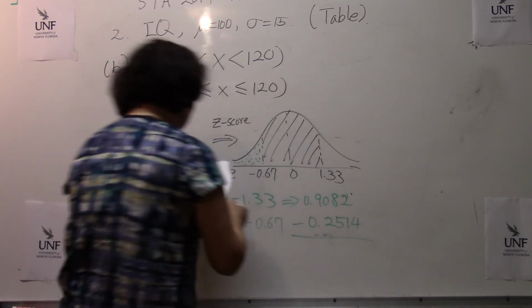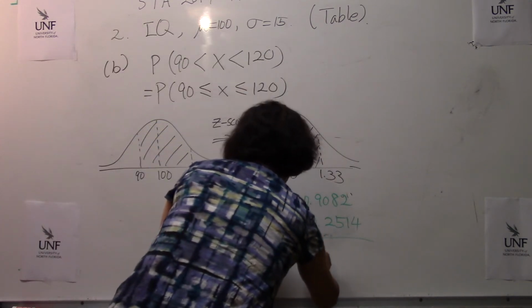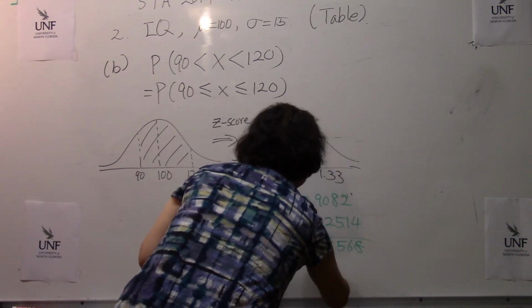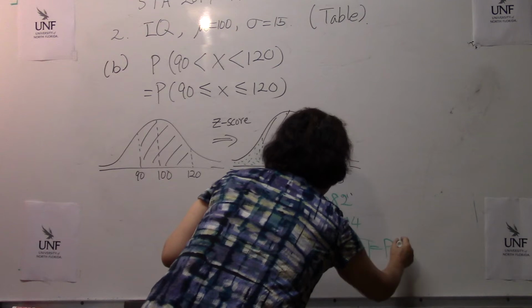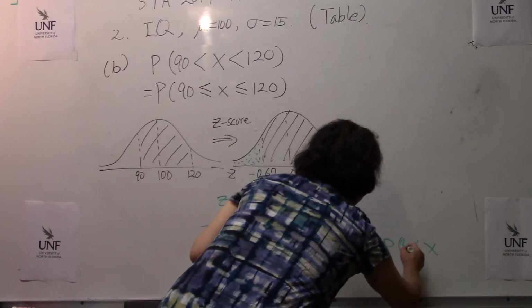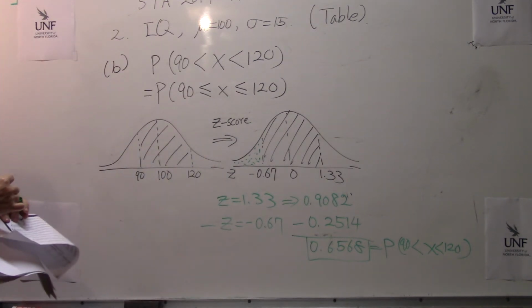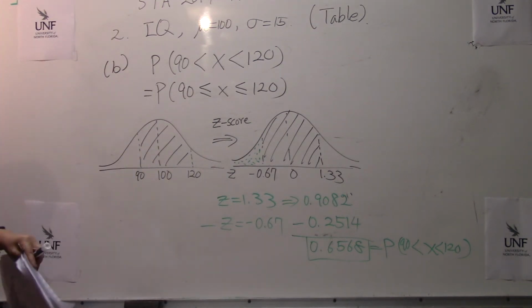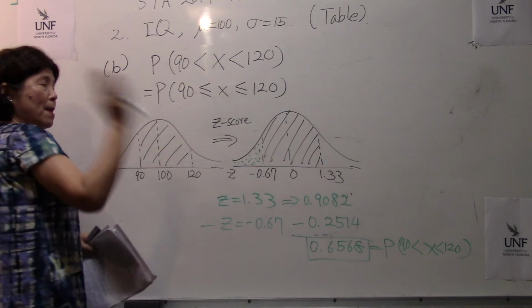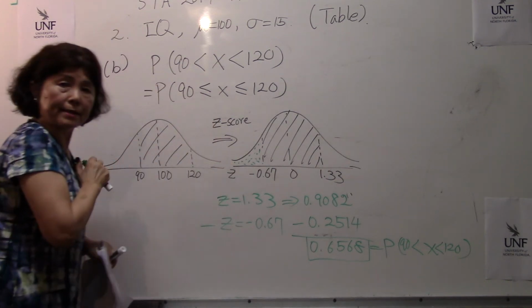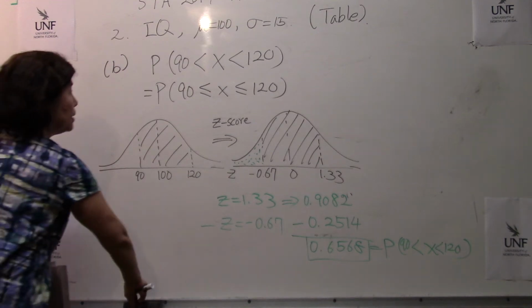Once you compute that, you are going to have 0.6568. So this is our probability that x is between 90 and 120. Make sense? Remember, the table is set up from the left end to the z-score.